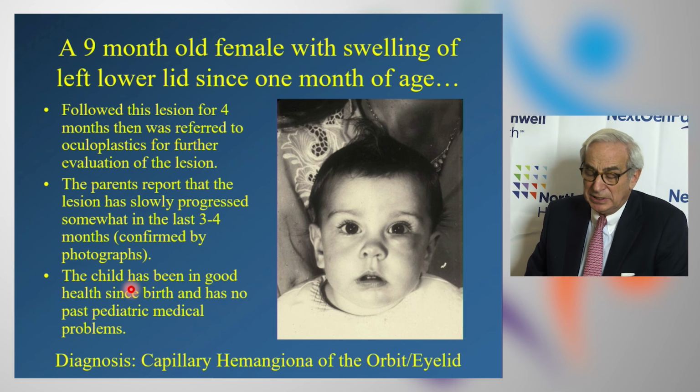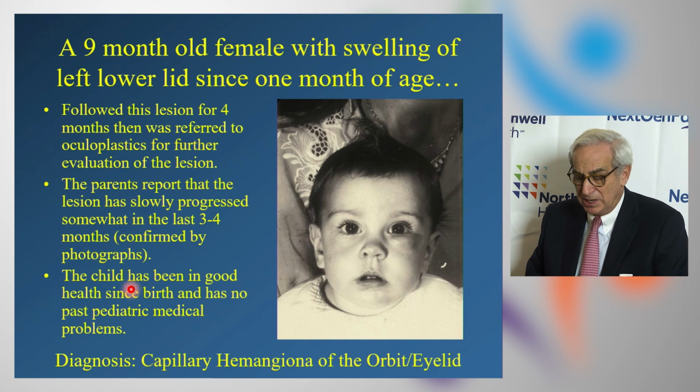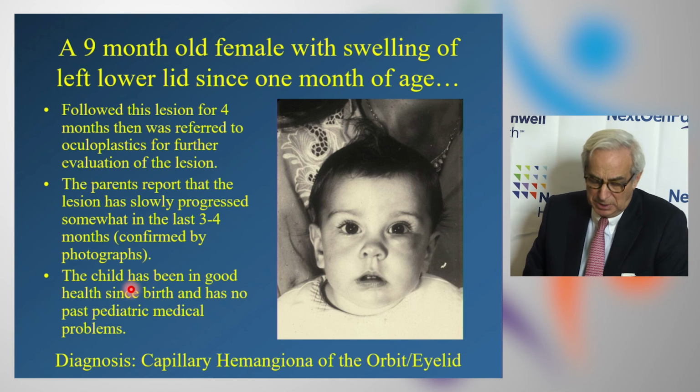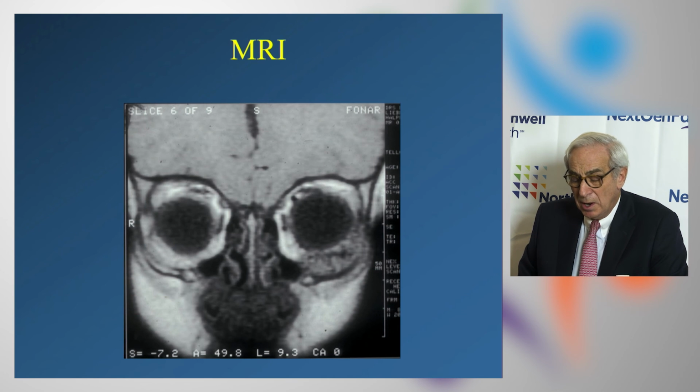Now, congenital lesions can be orbital, and I do believe this is the end of what I have to present, meaning a child with just a mass in the eyelid. And here is a purplish, there are many different locations, many different types. I'm just going to present one of the more common ones, a capillary hemangioma. And it's self-evident on MRI that this is a vascular lesion.